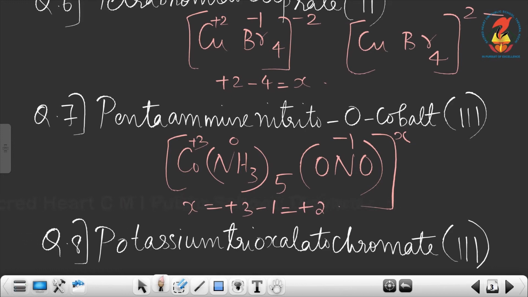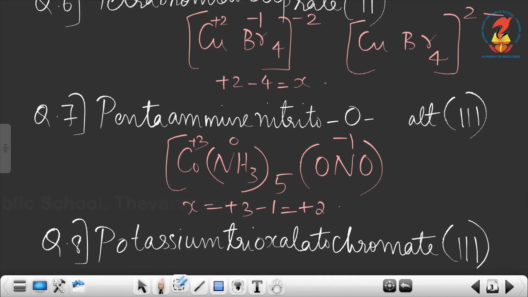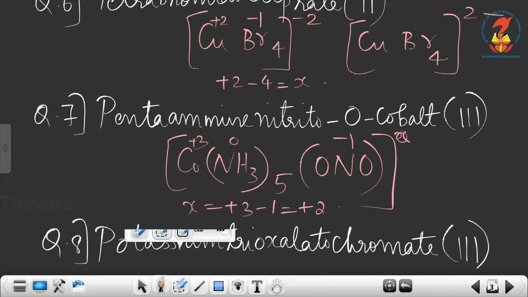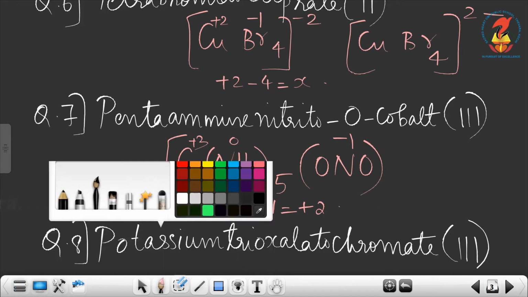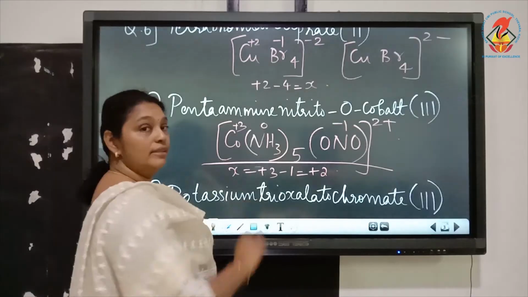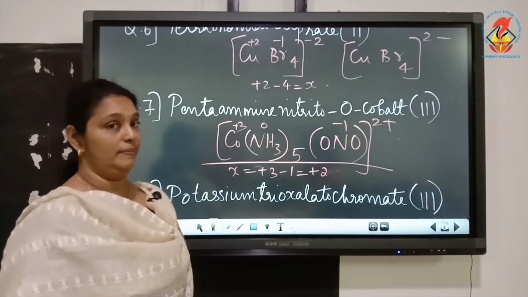So how will you write the charge? X is +2, so you will write it as 2+. So this is the formula of the compound. Here you had to write the charge as 2+ because no counter ion is given.